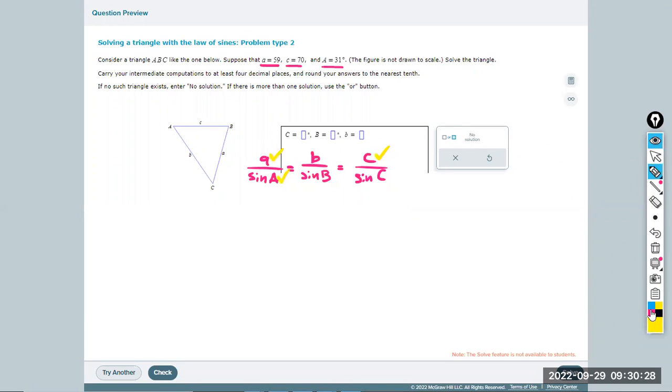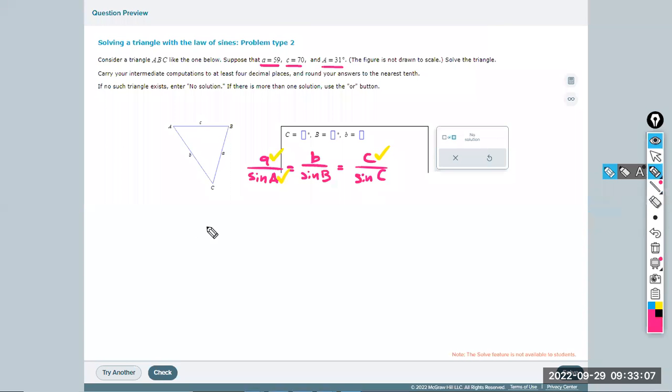So remember that we can apply the law of sines when we have... I'm going to write down what I have. I'm going to substitute the values. A is 59, angle A is 31.